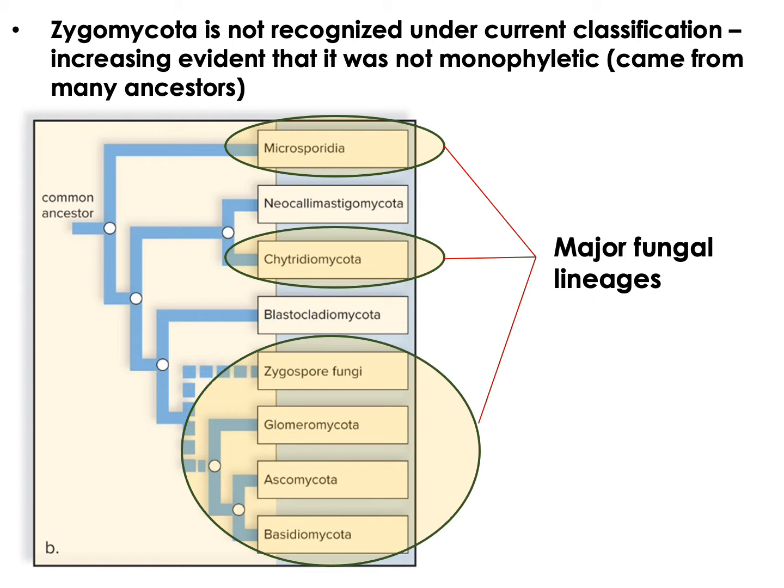So what we have now is the Microsporidia, the Chytridiomycota, the zygospore, which is the dotted line, and then we go to Glomeromycota, Ascomycota and also Basidiomycota. So these six phyla will be what we are concentrating on in this syllabus in biology ASB 0204. So just concentrate on these six phyla.